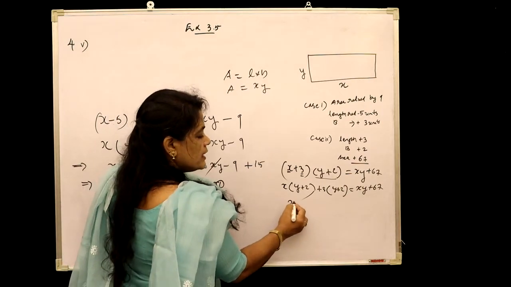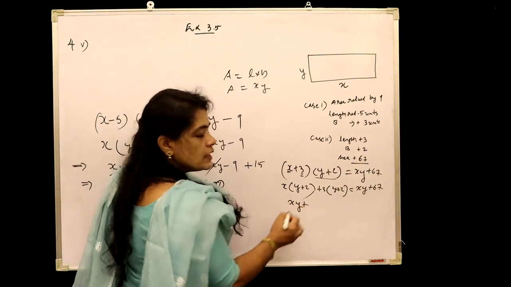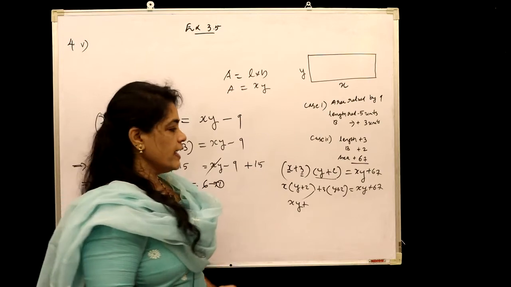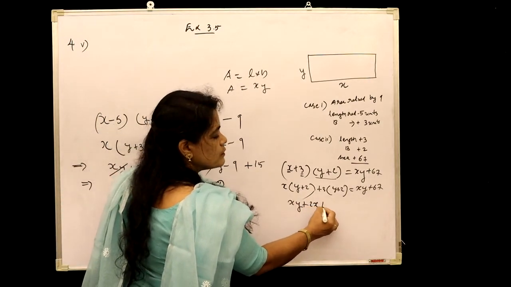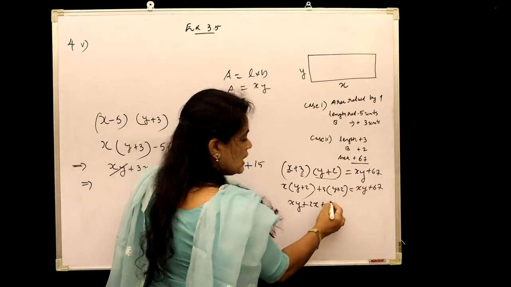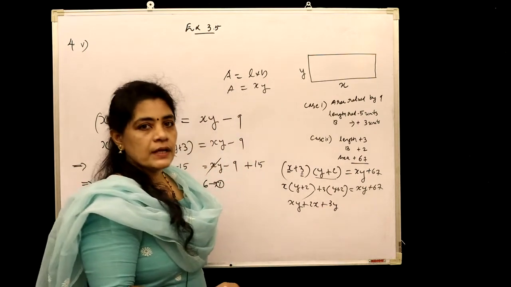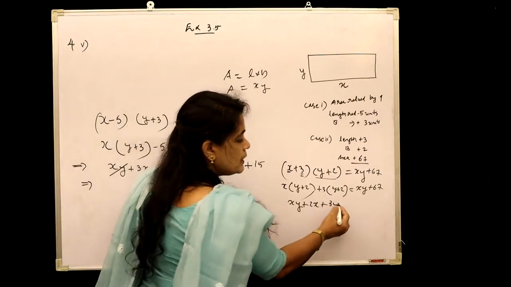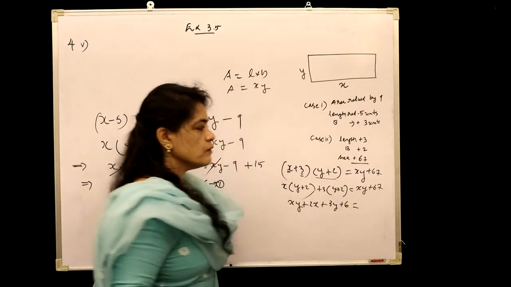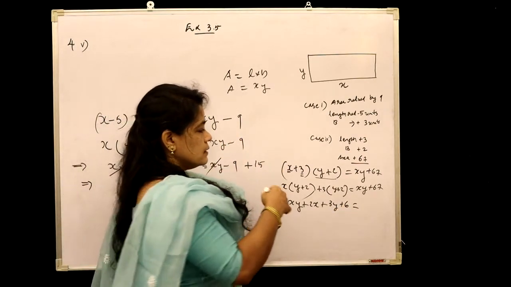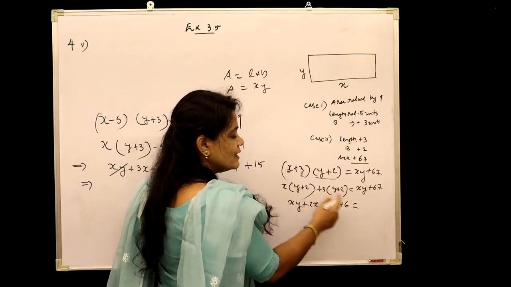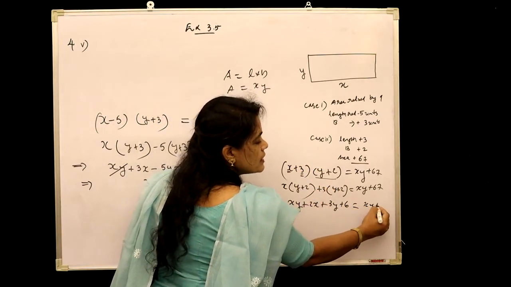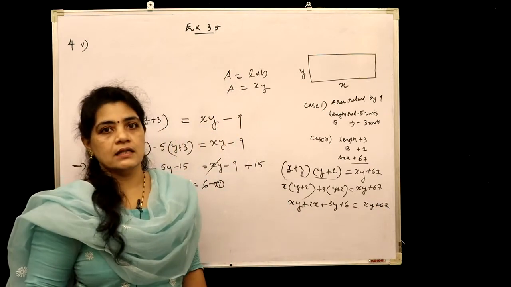So term by term multiplication, or open the bracket using the distributive property: x into y is xy, x into 2 is 2x, plus 3 into y is 3y, plus 3 into 2, that is 6. All are positives because we are adding units to length and breadth. So xy plus 67 comes on the RHS.